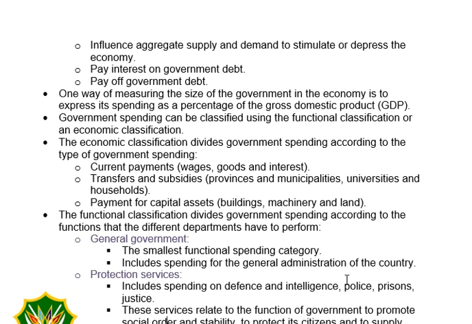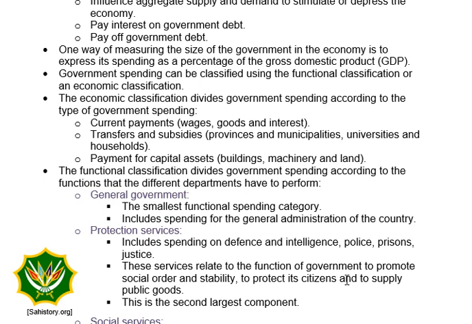Now, one way of measuring the size of the government in the economy, a very popular way to measure how big the government is, how big their involvement in the economy is, is to calculate government spending as a percentage of the GDP. Remember your GDP calculation, way back in chapter 1, it feels like a lifetime ago.